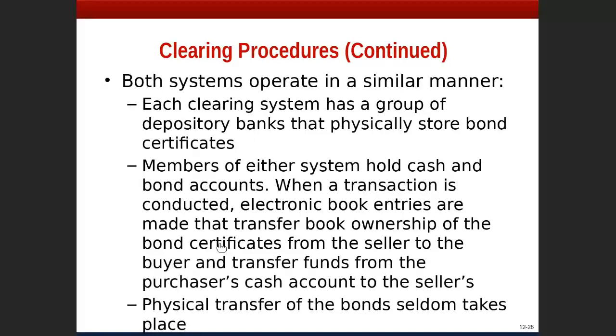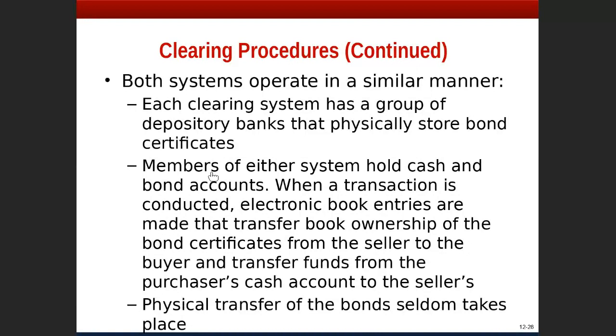Now, both systems operate in a similar manner. Each clearing system has a group of depository banks that physically store or keep bond certificates. Members of either system hold cash and bond accounts.